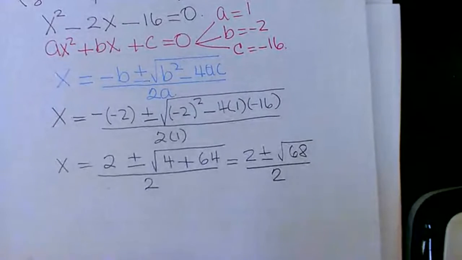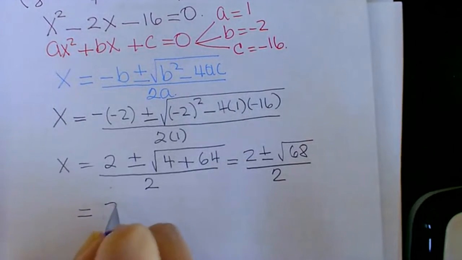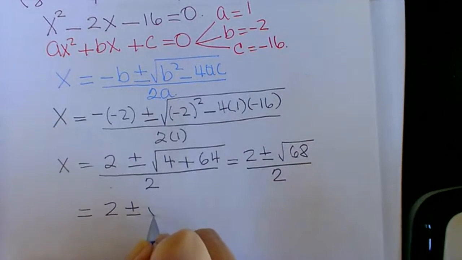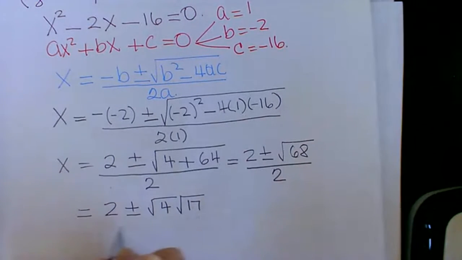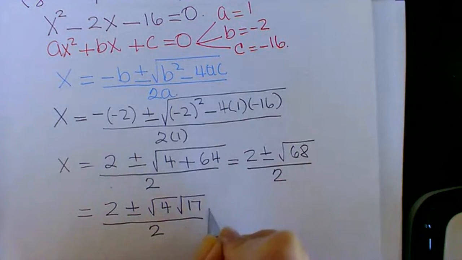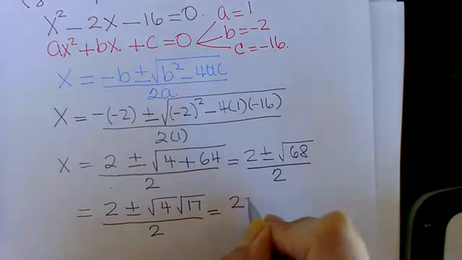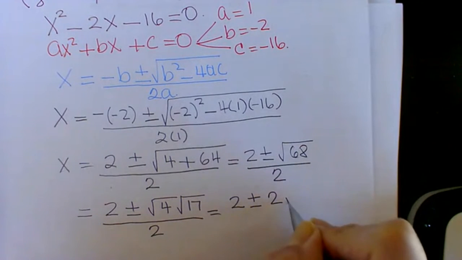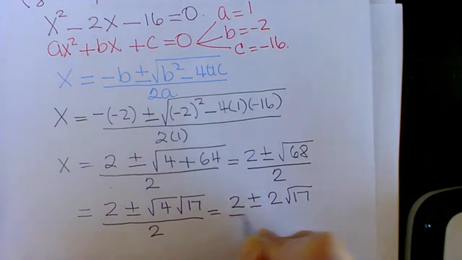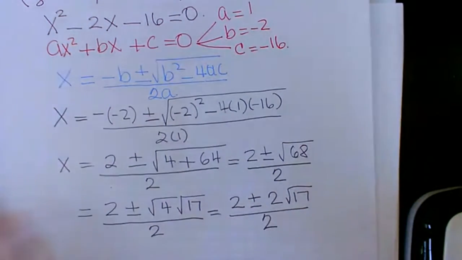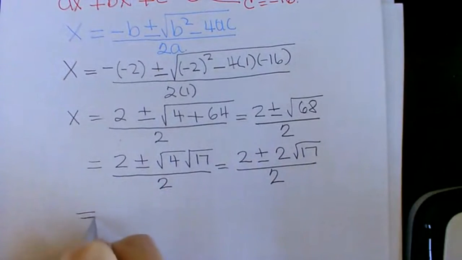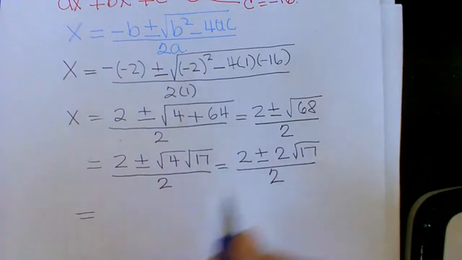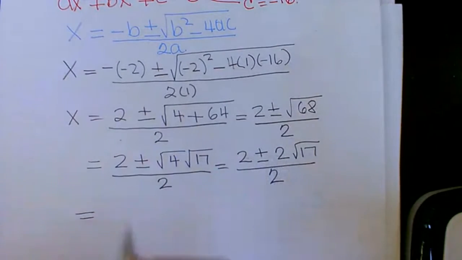So let's go back here. We know it's going to be the square root of 4 times the square root of 17 divided by 2. And this is equal to 2 plus or minus 2 square root of 17 divided by 2. I see a bunch of 2's, but I cannot simplify them until I factor out the 2.